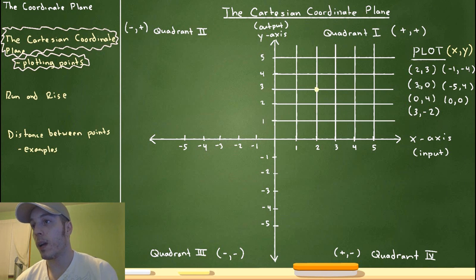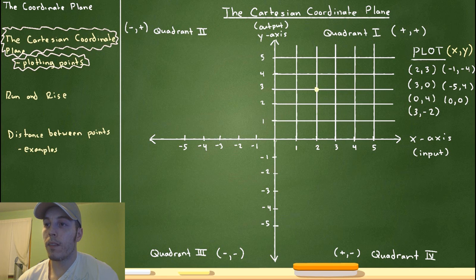Now we have the point 3, 0. So the x position is 3, and the y position is 0. Let's see how that looks. Again, we begin in the center. We move horizontally first. It's always the x direction first. In this case, we move 3. So 1, 2, 3. And by the way, that's 3 in the positive direction. And then the y position is at 0.